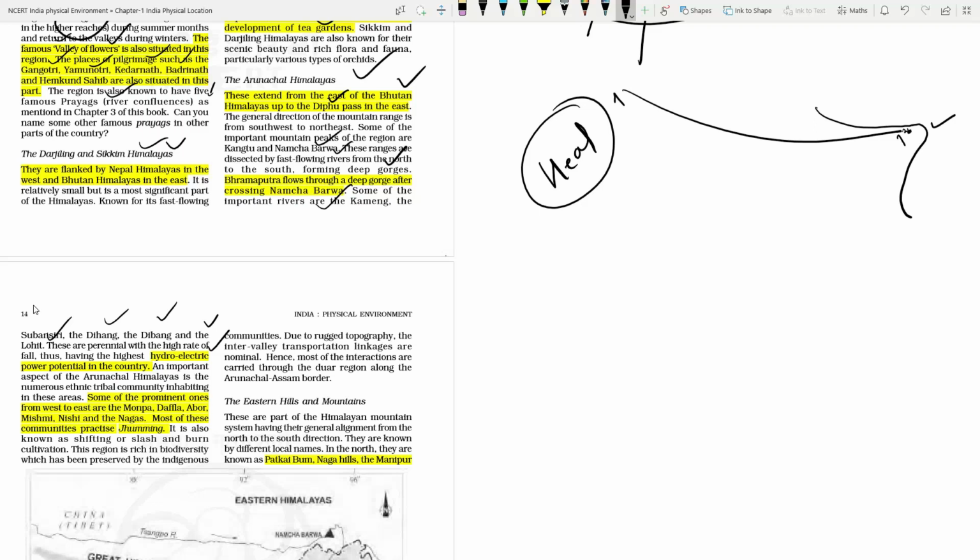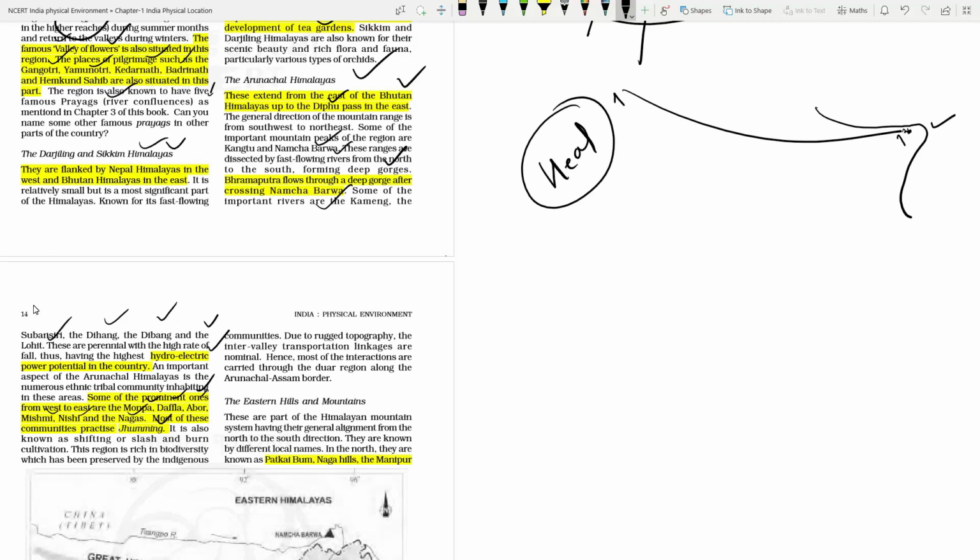Some of the prominent tribes there are the Monpa, Dafla, Abor. These are also tribes, and these are also mountains. Okay? Mishmi, Nishi, Nagas, these are also mountains, and these are also tribes. So these northeastern tribes are known for slash and burn cultivation, that is also called jhum cultivation.